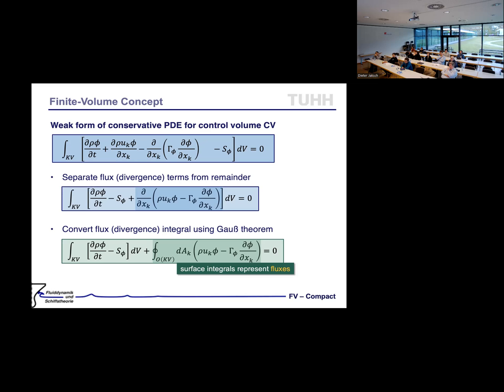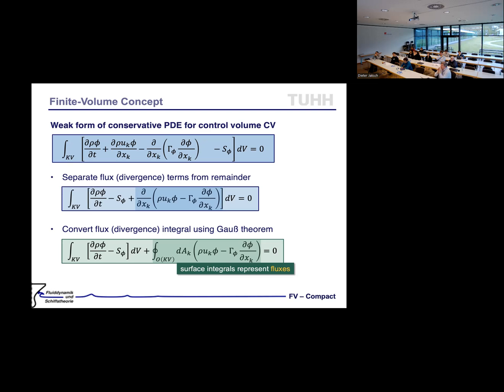You have that here and there for convection and diffusion, which together work out as what we call the fluxes, because they both have the divergence in front. So we collect these terms here, and then we do a non-numerical thing. We convert this volume integral into a surface integral using Gauss theorem or integrating by parts once.